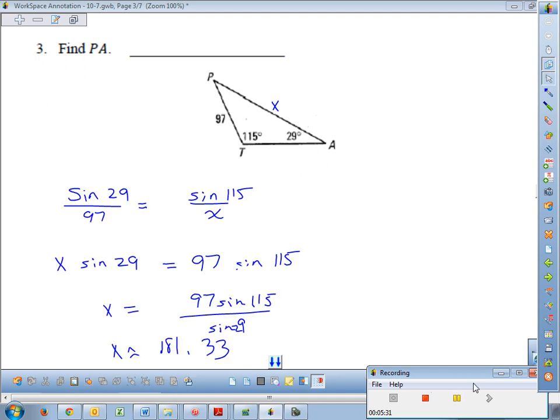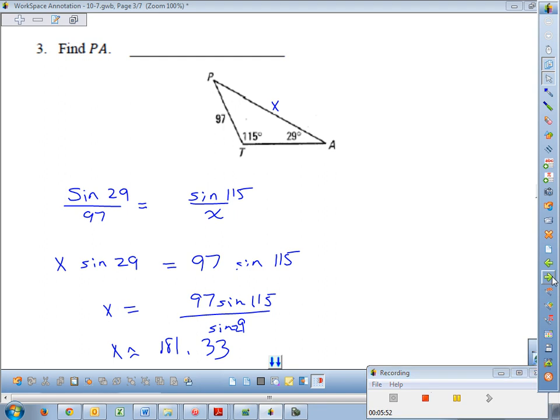And hopefully we got about 181.33. Whoa. I thought angles couldn't measure more than 180 degrees. That's not an angle. That's a what? That's a side length. Cool.